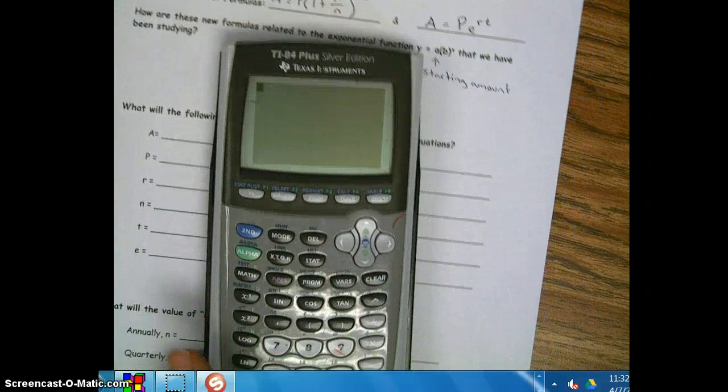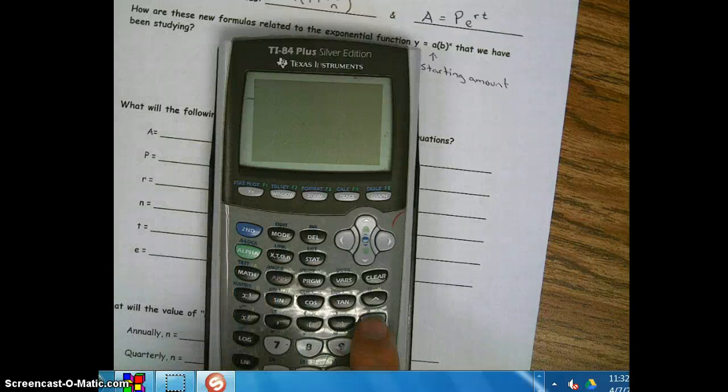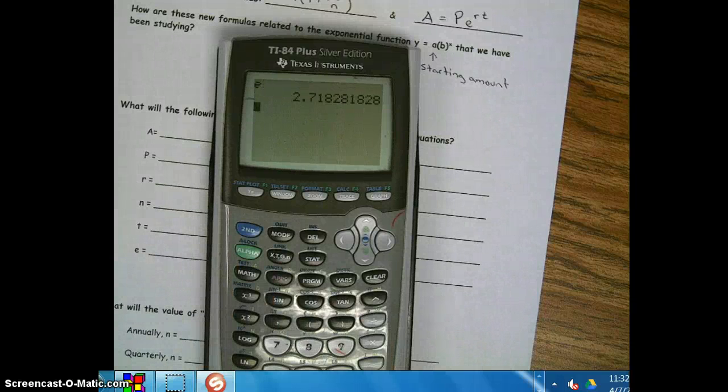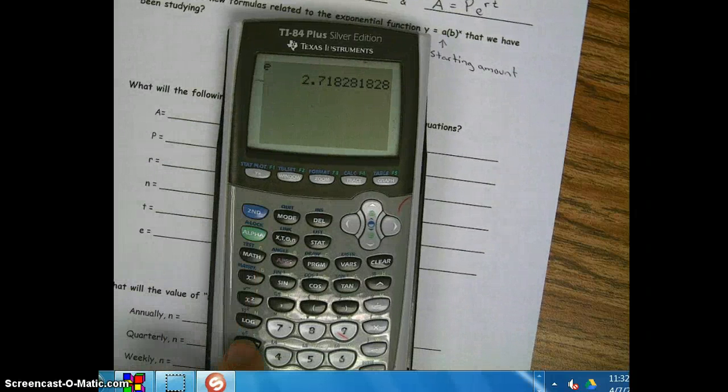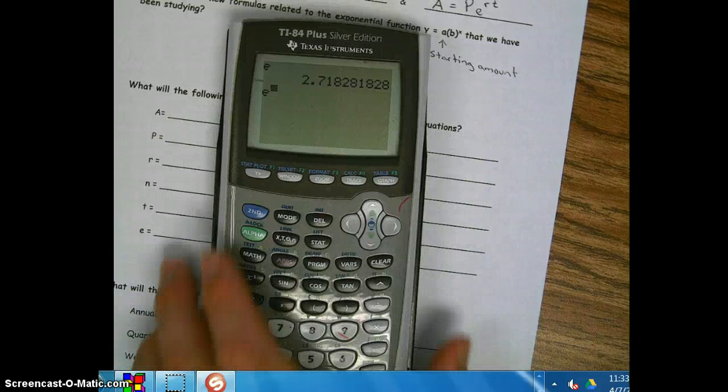Remember that the value of E, second divide, the value of E is 2.718281828. But we don't need to plug that number in when we're using this formula. We just press second ln and then we fill in the information from there.